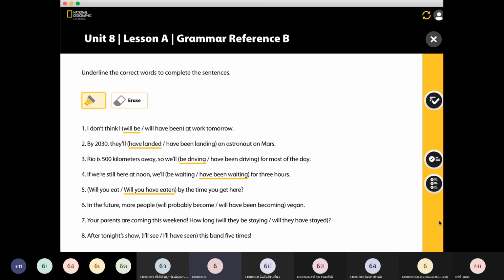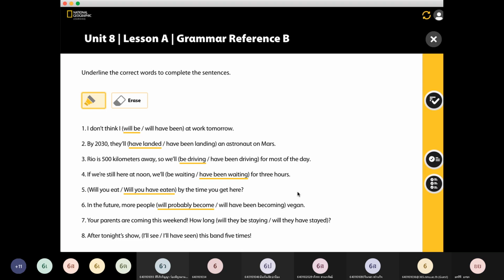Number 6 will probably become. Will probably become. Number 7 will they have stayed.